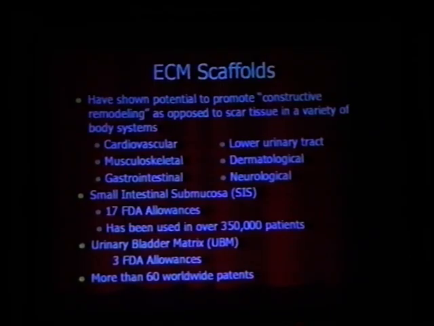How can you get 60 patents on a piece of intestine? It's just amazing. One thing you learn is you can patent anything. If you've got enough money and enough time, you can always get something out of it. And that becomes important to your industry partners, of course. So we've been very lucky, very fortunate with the commercialization of these extracellular matrix biologic scaffolds.